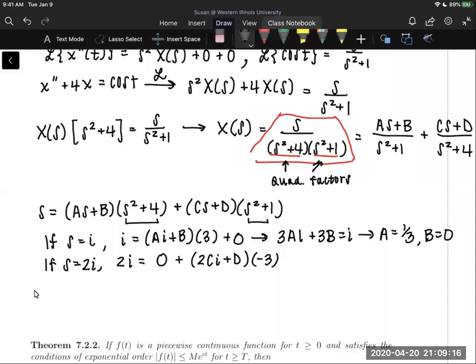So following the exact same procedure here, we have -6ci - 3d equals 2i. And so our d is going to drop out because we don't have any real terms on the right-hand side, and our c is going to be -1/3.